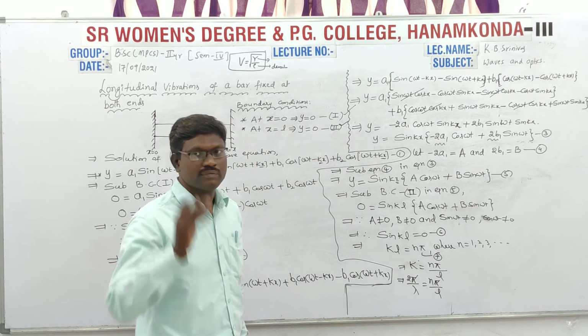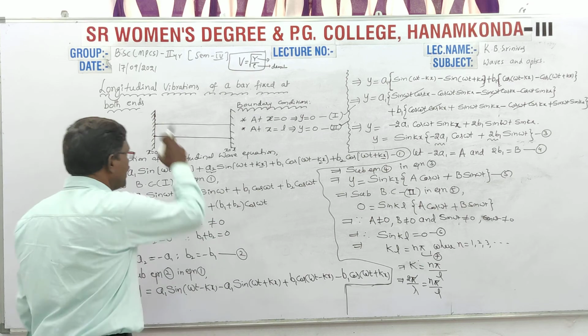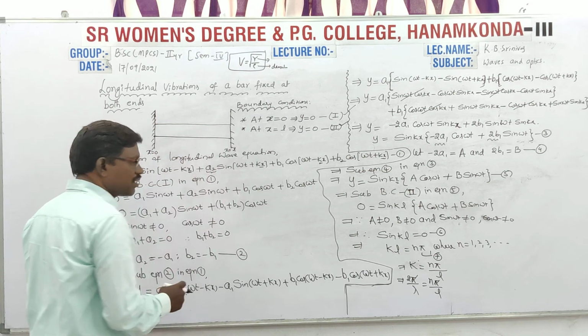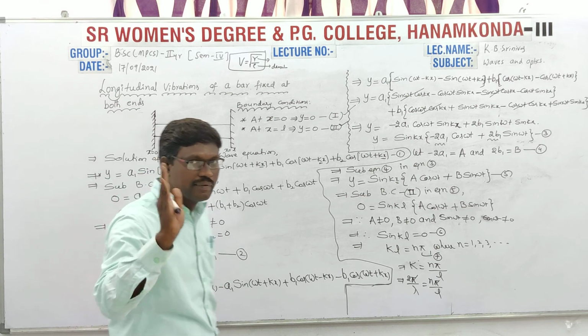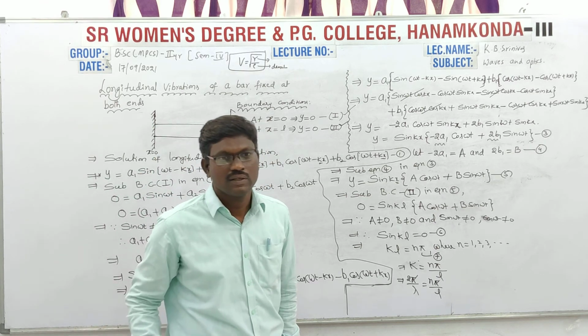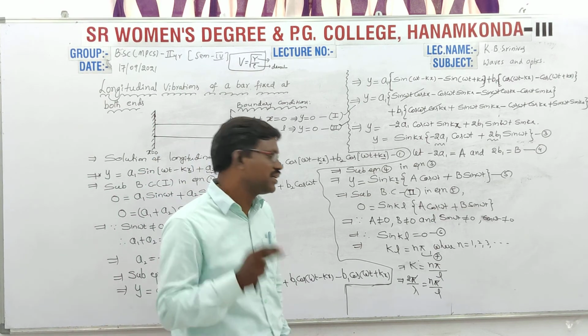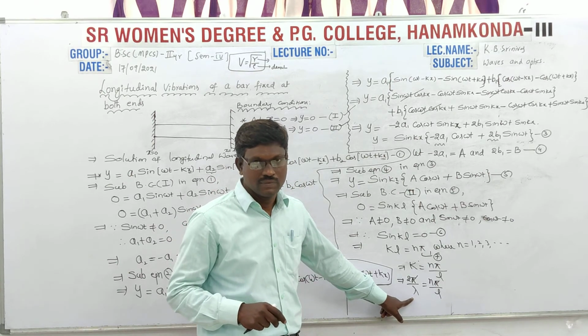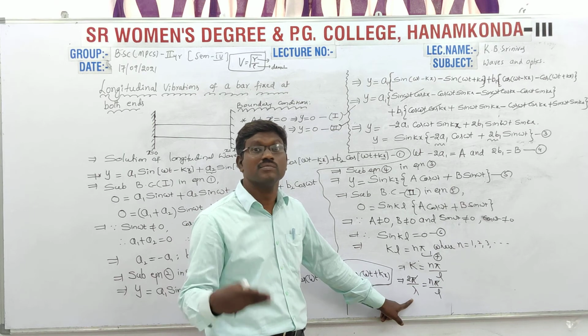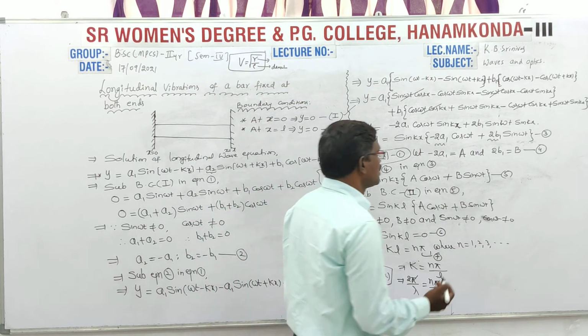What is my aim? I want to calculate frequency of the bar when it is fixed at both ends. My final aim is to calculate frequency of the bar. But here we are having wavelength. How do we convert wavelength in terms of frequency?